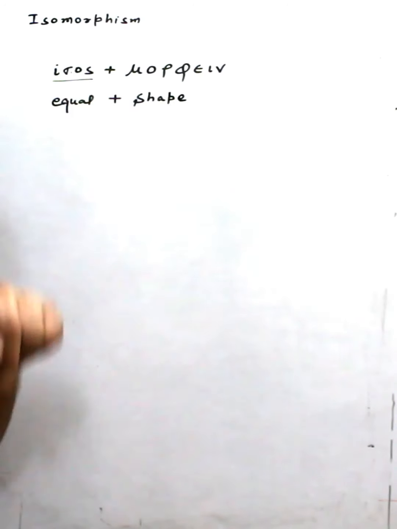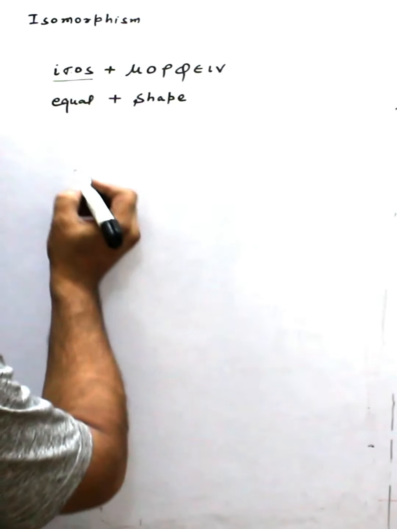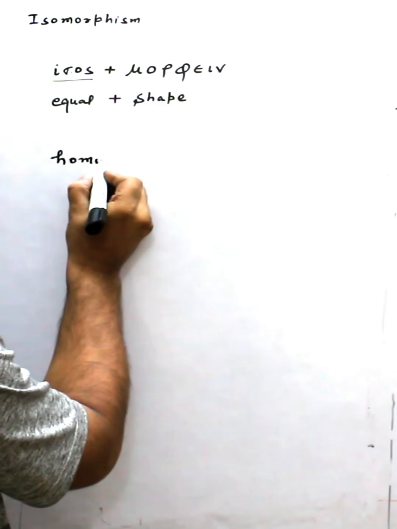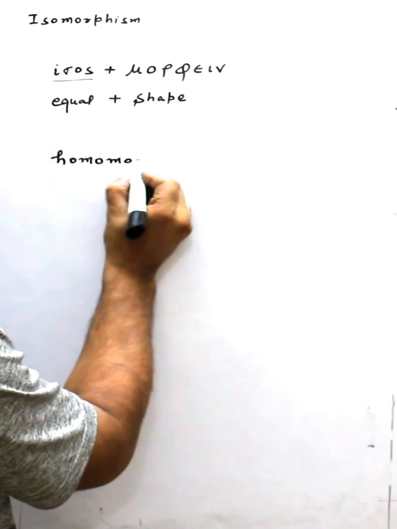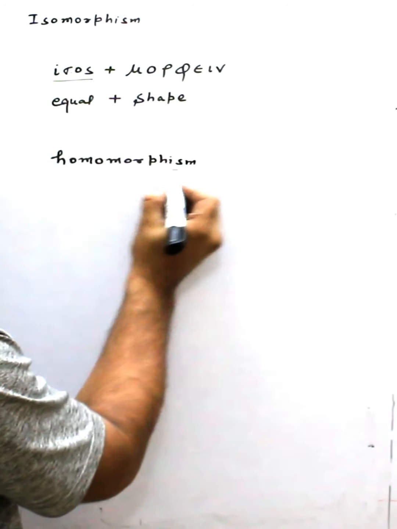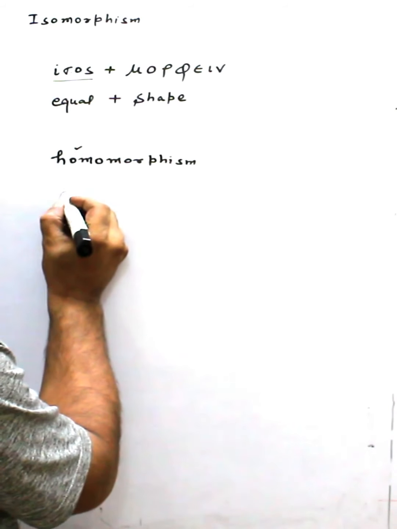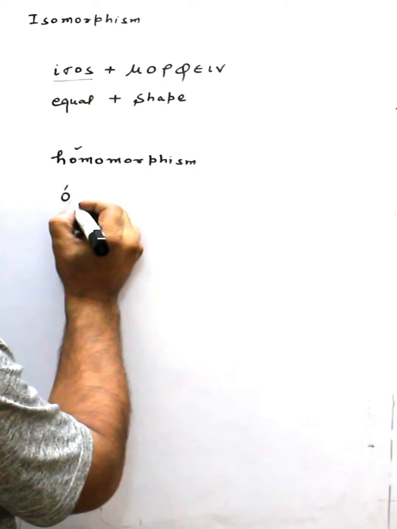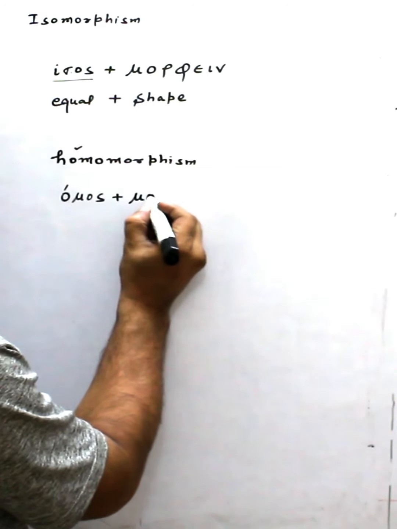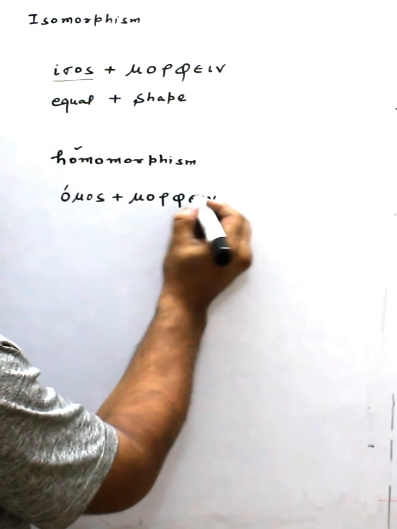Morph is shape, right? Other words you can also understand, like if I write homomorphism, then what is the meaning? This is also from two Greek words: homos plus morphe.